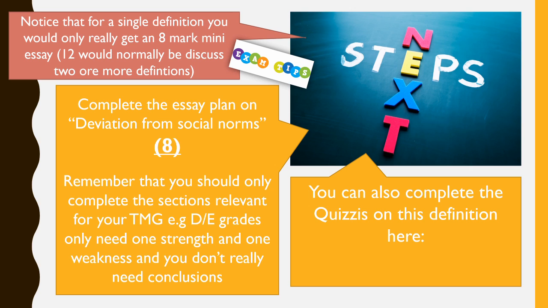That's because in those essay plans there's only one definition being discussed. If it was a 12-mark question, we would expect 2 or more definitions, so that's what you're going to get on your assessment. Remember that you should only complete the sections relevant for your target minimum grade. So D and E grades only really need 1 strength and 1 weakness, and you don't really need the conclusions. If you're aiming for higher than that, obviously you need to build up your essay.